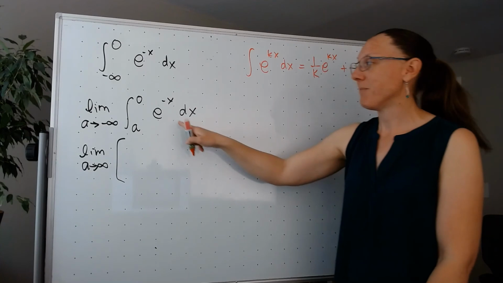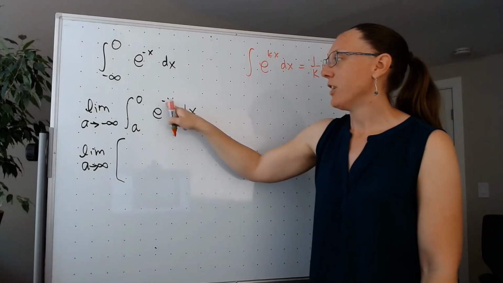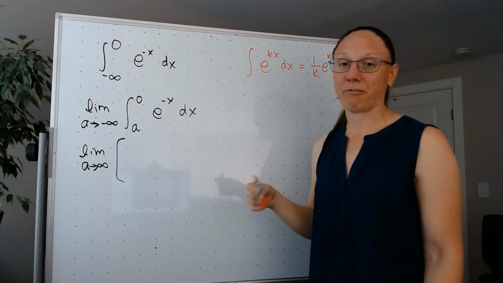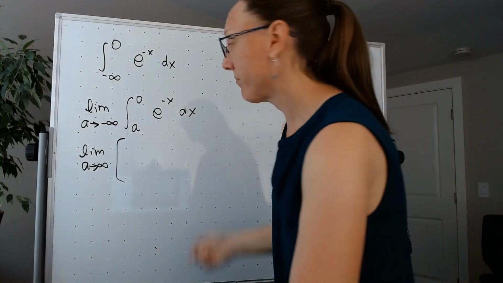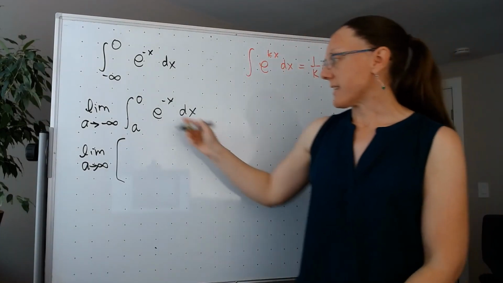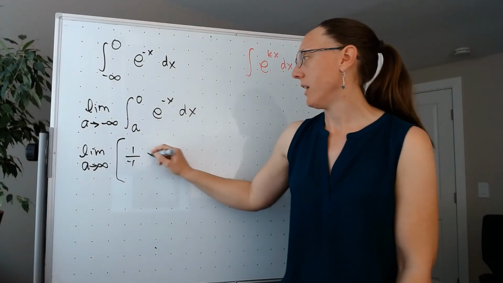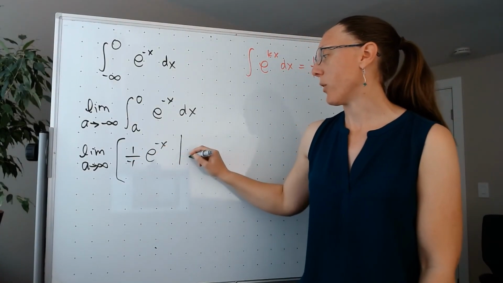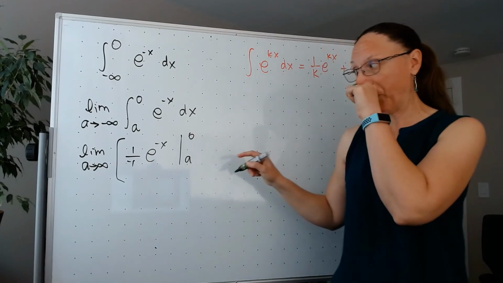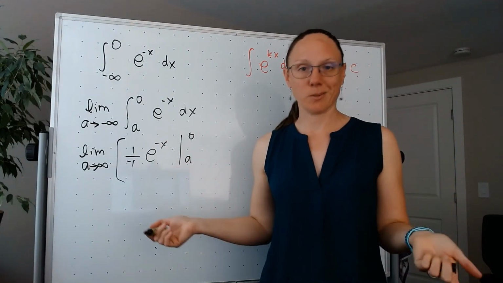In our case, that negative x, really it's the negative 1 out in front that's our k. Which means my antiderivative is 1 over negative 1 times e to the negative x, and then we're going from a to 0. 1 divided by negative 1 just makes it negative.